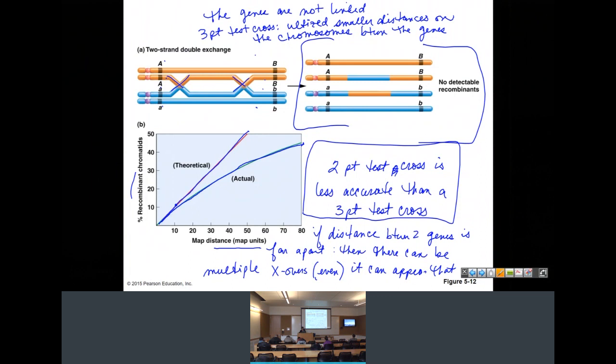Because if the distance between 2 genes is far apart, like it was for gene A and B, very far apart, then there can be multiple crossovers between those 2 genes, and it can appear that the genes are not linked. So a 3-point test cross utilizes smaller distances on the chromosome between the genes. So you'd put a gene C here. So you'd look at the distance between A and C, and then C and B. And with that smaller distance, the chance of a double crossover is less.